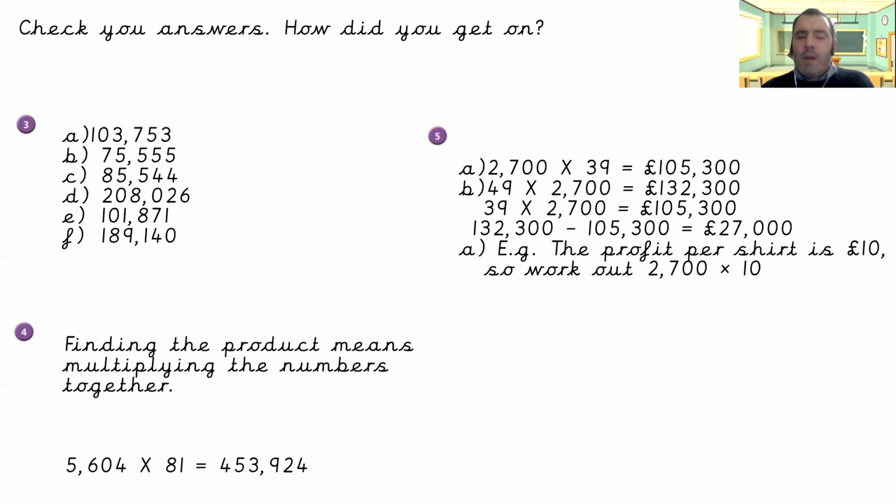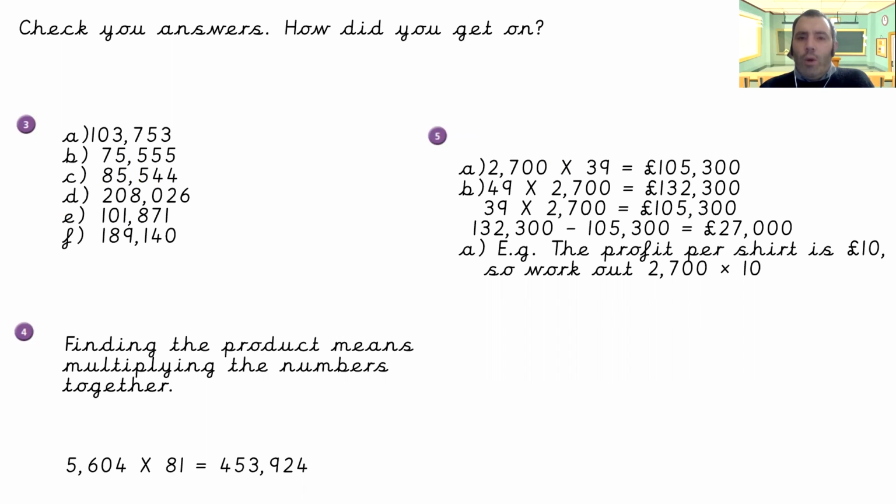Part B, we were asked to work out the profit. So that's how much money they've made compared to how much money they've spent, and finding the difference. So we know they sold the shirts for £49. So we need to know how much money they made selling those shirts. That's 49 times 2,700, which gives us an answer of £132,300.